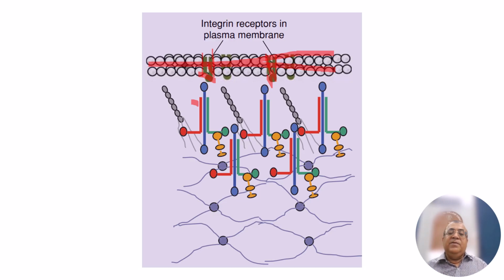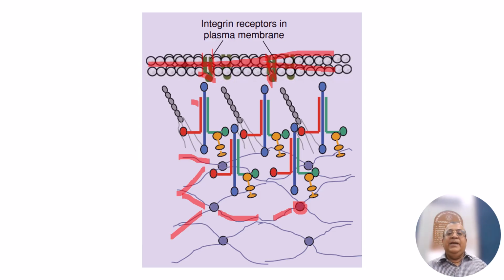Down there, these wavy lines are collagen, and the nodes, these circular areas, are binding domains or anchoring points. So this provides structural and biochemical cues to the cells.